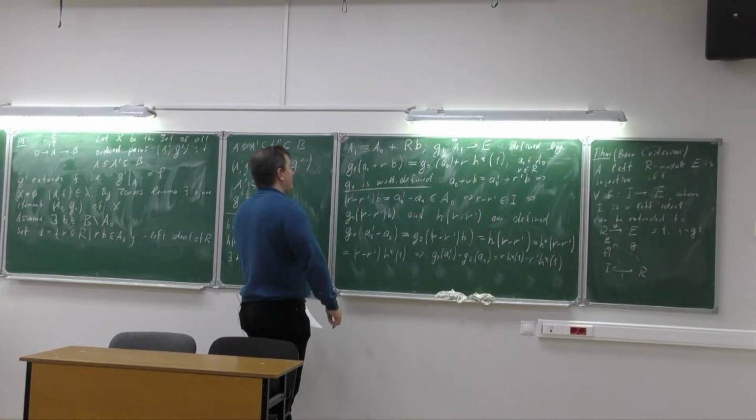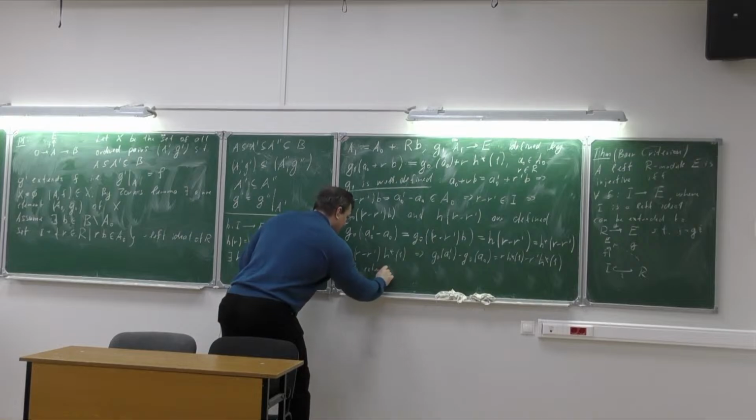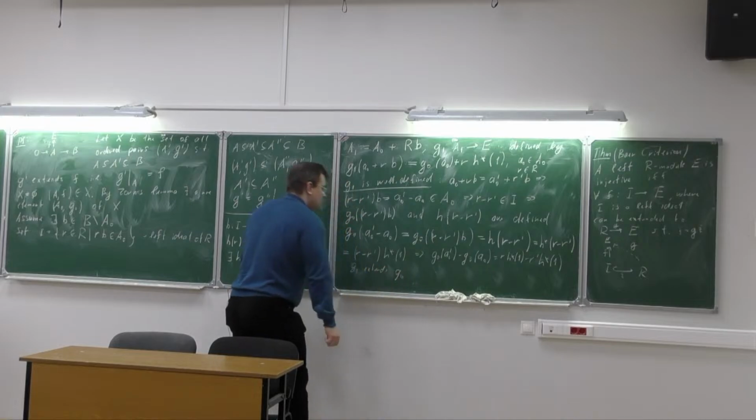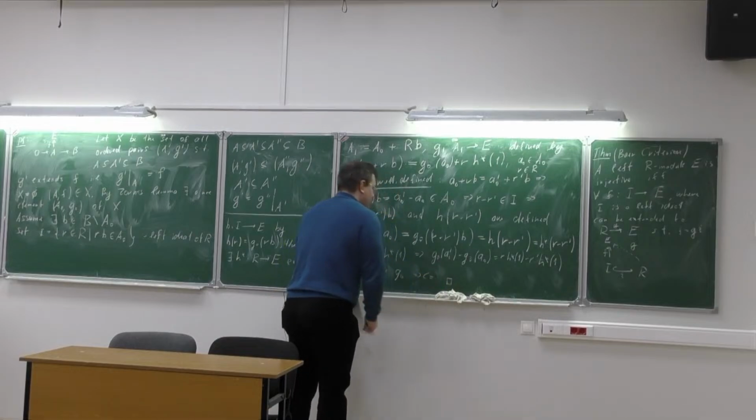Well, if this is a well-defined map, then actually we are done, right? Because clearly, by the definition, g1 extends g0, which is a contradiction. And this is the end of the proof.